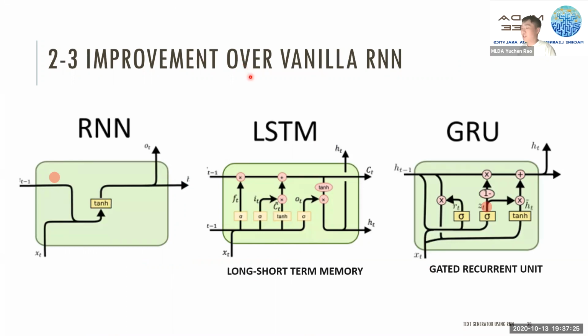So scientists have researched this a lot and tried to make improvements over the vanilla RNN, which has the vanishing and exploding problem. Here we have the traditional RNN model.